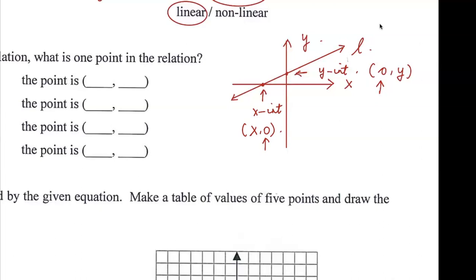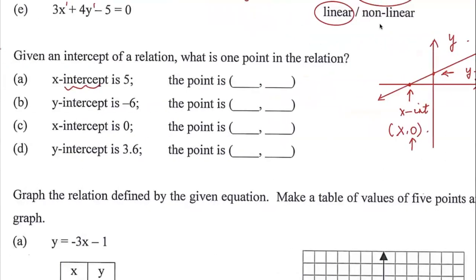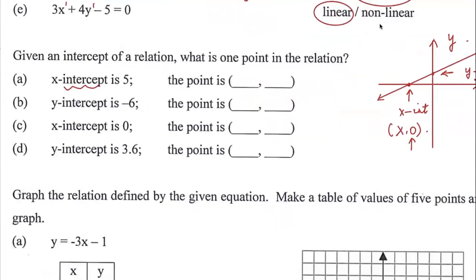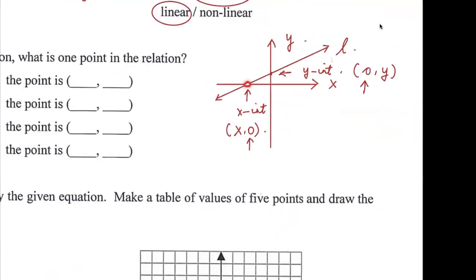Okay, so the question is basically asking, if I have an x-intercept 5, what are the coordinates of this point? If I have an x-intercept 5, y is always 0.